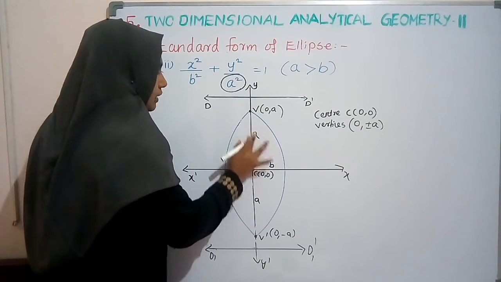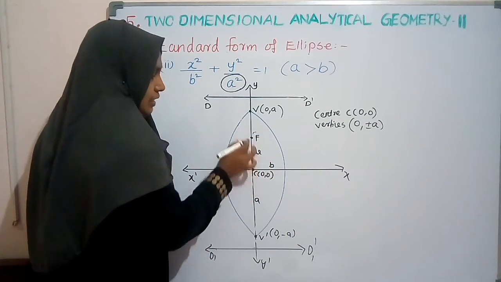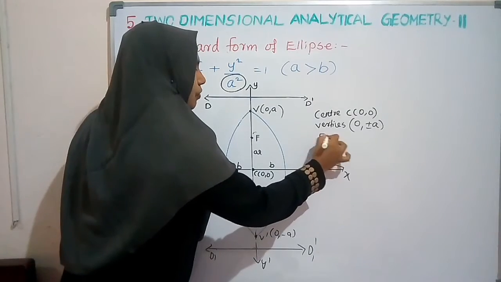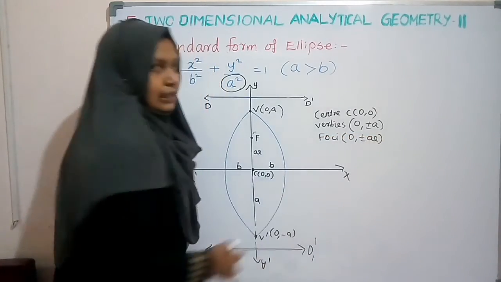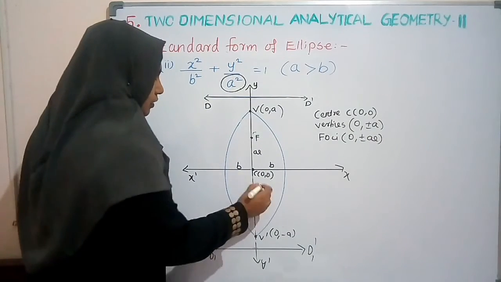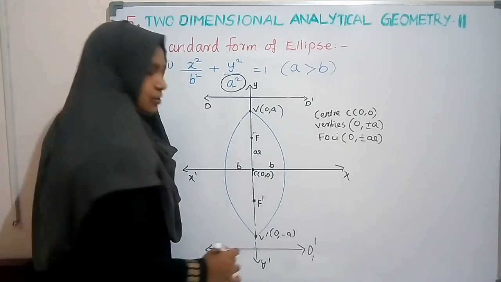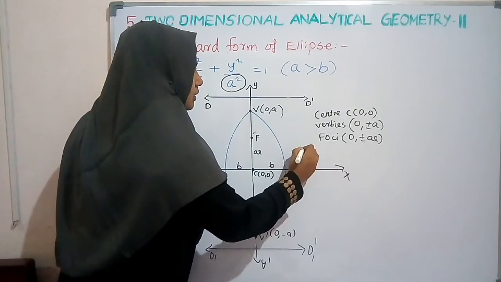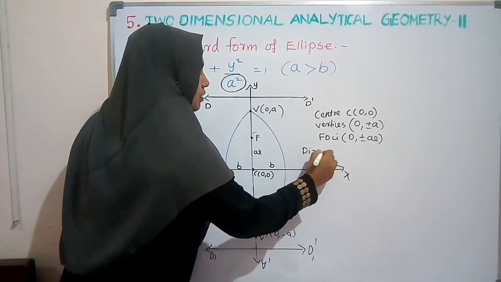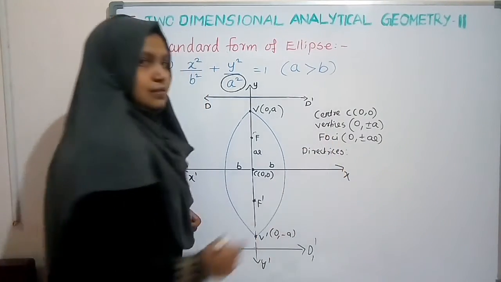And after that, the focus is at a distance of ae from the center. So we can write foci as (0, plus or minus ae). Here also I am marking the foci as F dash. Now, next one is the directrix. Directrices. What are the directrices?